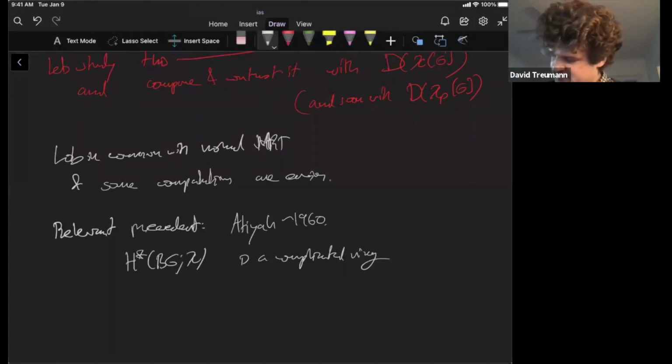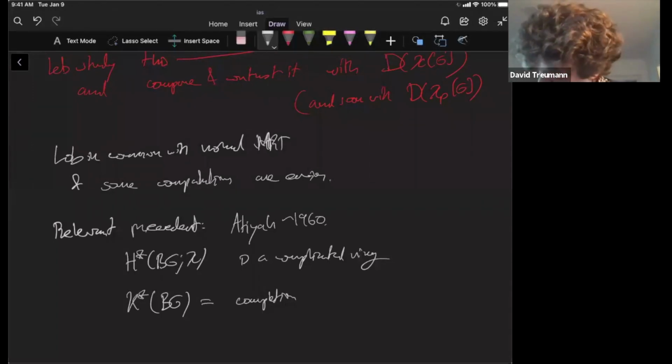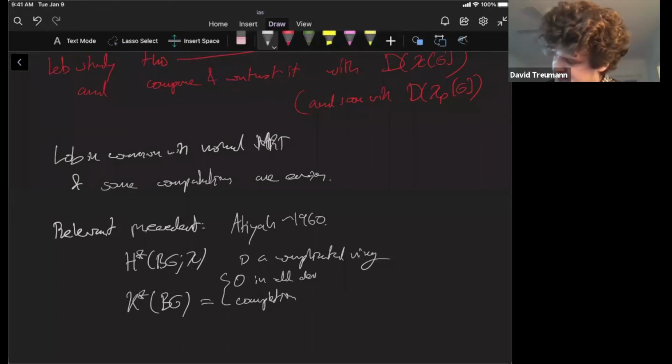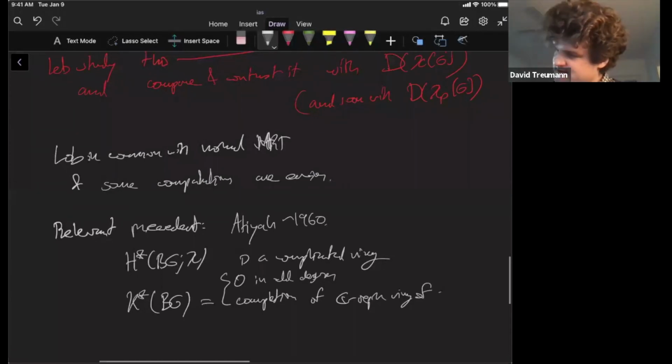And the K-theory of this classifying space is 0 in odd degrees, and it's a completion of the complex representation ring of G at the augmentation ideal.